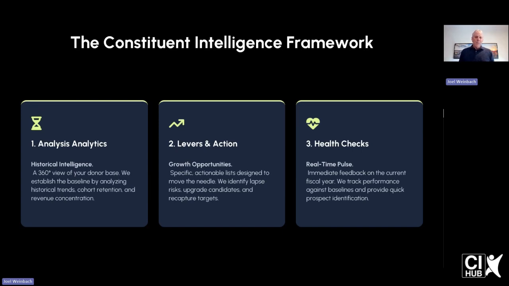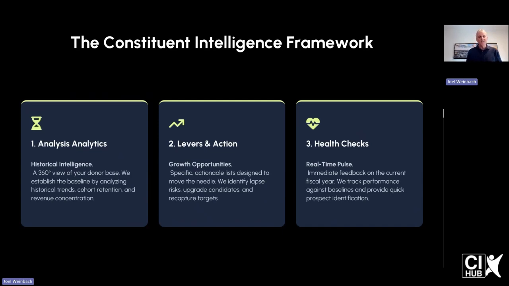We can see which donors 5 times a year is too much for, which donors once a year is enough, which donors want to hear from you on a more regular basis. We can give you health checks to see how you're doing versus prior years. All these things that help you maximize the revenue each and every year force us to look at not just what happened in the past, but what's happening right now and what's likely to happen in the future.